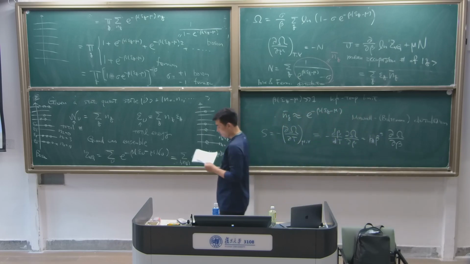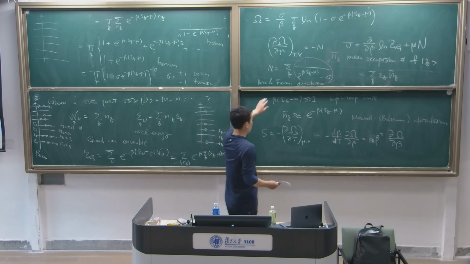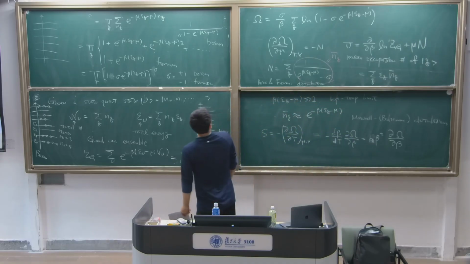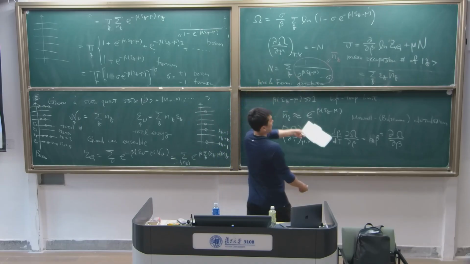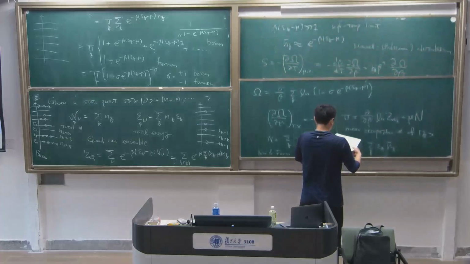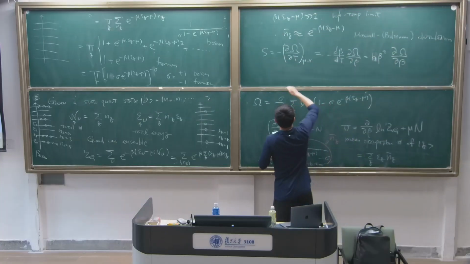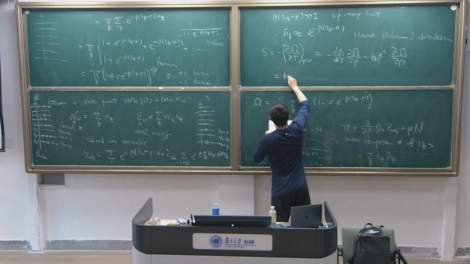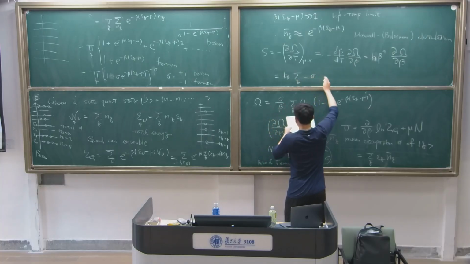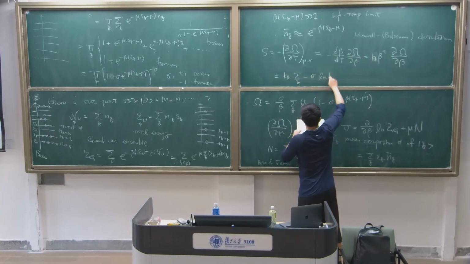Then you can use the derivative of omega. Omega is written over there, and we take the derivative with respect to mu. What you get is as follows: kB, I don't like kB, but sum over q minus sigma log.